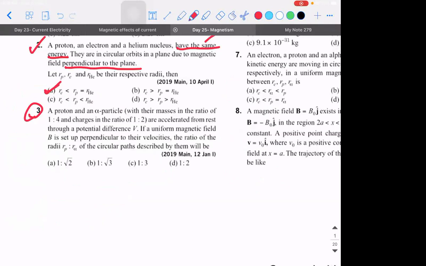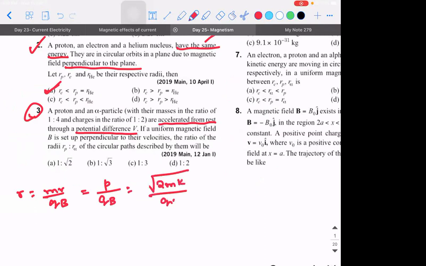Good. Now if I look at the second one, what are they saying? They're accelerated from rest through a potential. Why did this potential difference come into the picture? So how do we relate momentum to the concept of this potential difference? Because everywhere I see R is equal to mv divided by qB, or I can write it as p divided by qB. This p can also be written as root of 2m into K divided by qB. And how can I relate this kinetic energy with the potential difference? We have seen this in the atoms chapter.